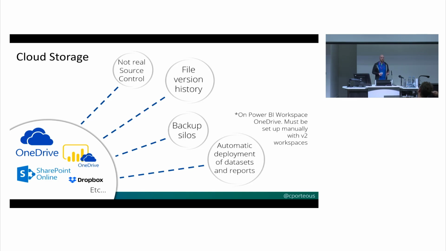If you're using your personal OneDrive or personal Dropbox account, you've still got backup silos. There's another copy of that held securely if I snap my laptop in half, which I felt like doing a minute ago. But at the end of the day, if you're not available, someone in the business is not going to be able to access that content, or if they are, it's going to take them possibly hours and days to be able to get into your OneDrive location if it's a corporate one, for example.